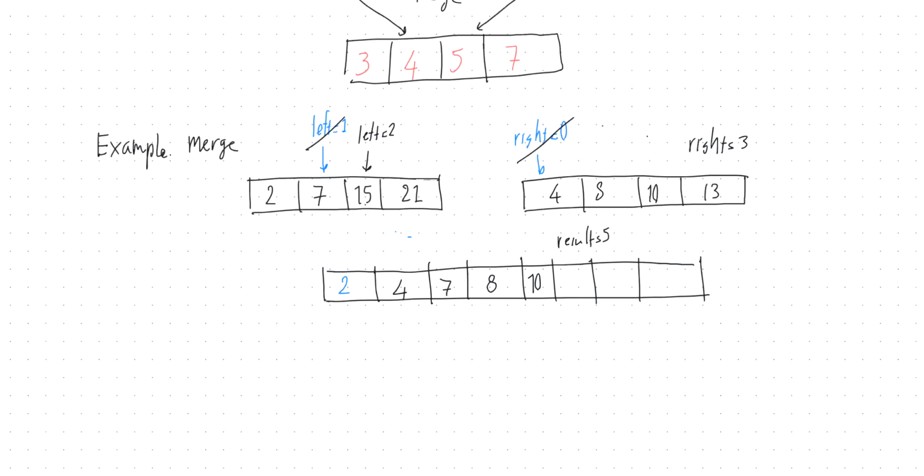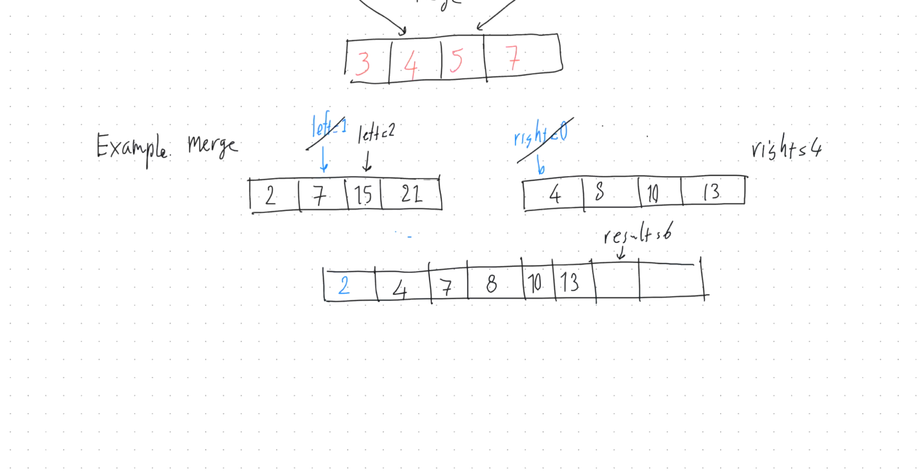Now we are comparing 15 and 13. 13 is smaller, so we copy it down here. Right should go up. So the right becomes 4, which is out of range. Okay, and result should go up again because we copied one element down in the result array. So result is 6 now, looking at this location.